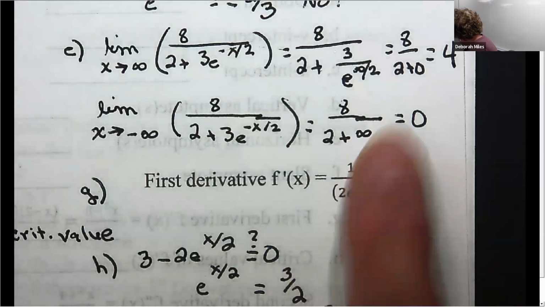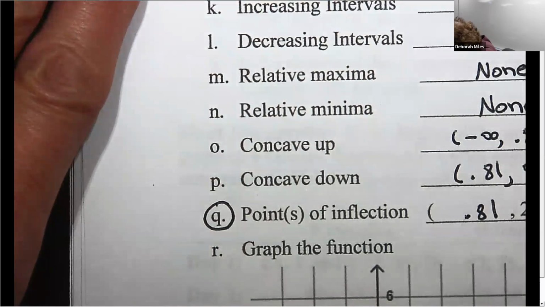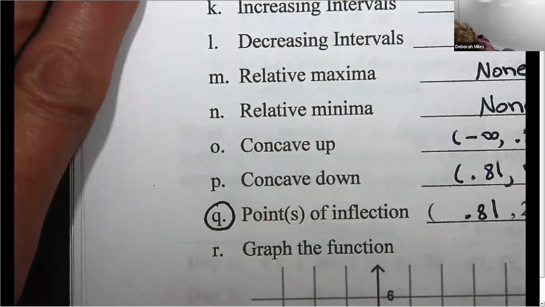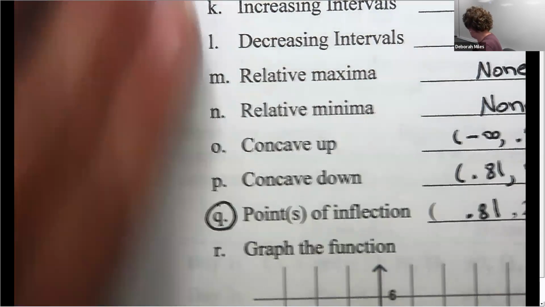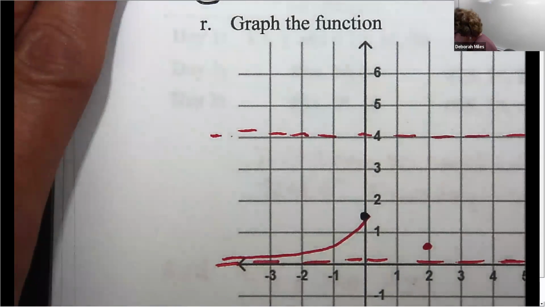Yeah, I figured that out in the E part. Forever to the left, the graph is approaching 0, and then all the way to 0.81, it is increasing and concave up. And then from, yes, ma'am.